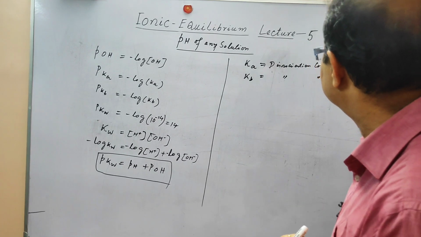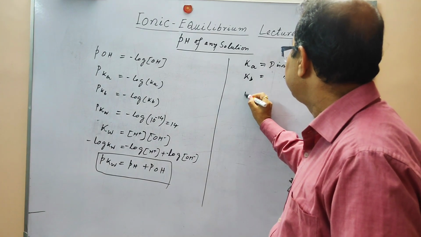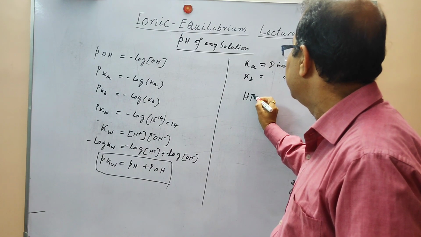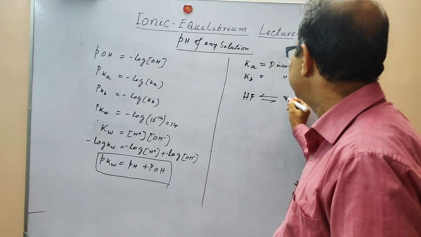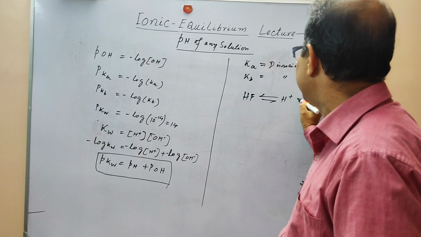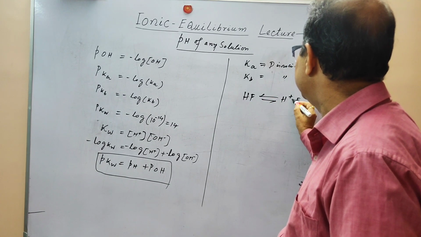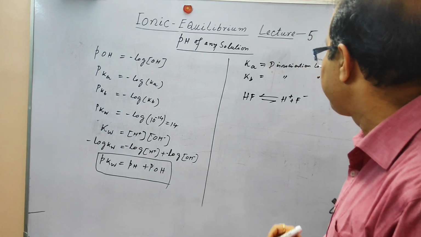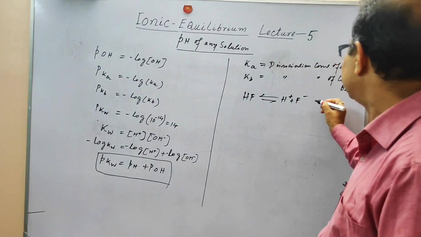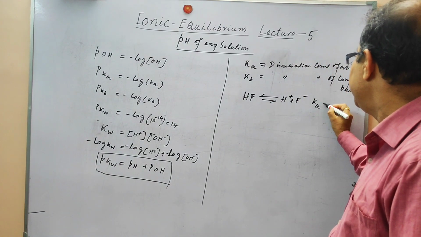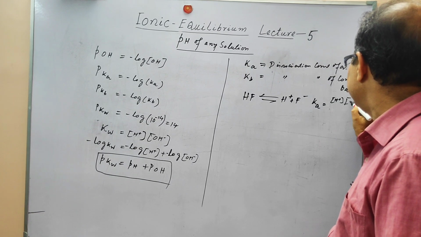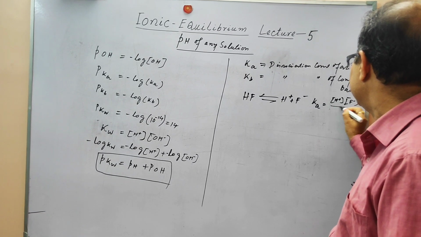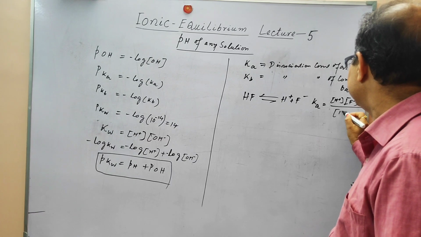That's a very important relationship. Suppose we are taking HF, a weak acid, and when this acid ionizes, it will give H plus and F minus. Now the dissociation constant will be Ka is equal to H plus into F minus divided by HF.